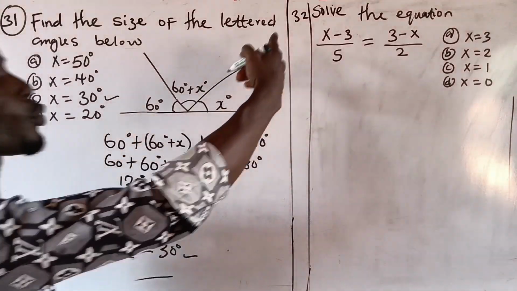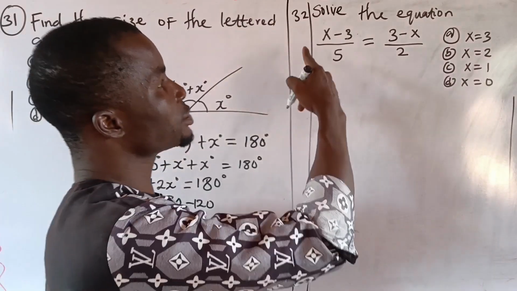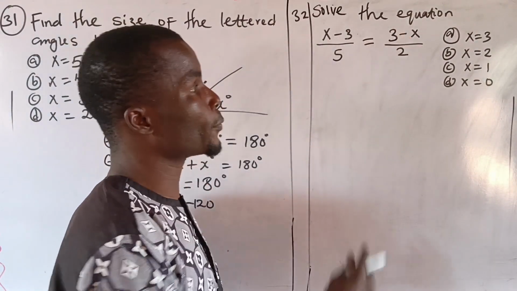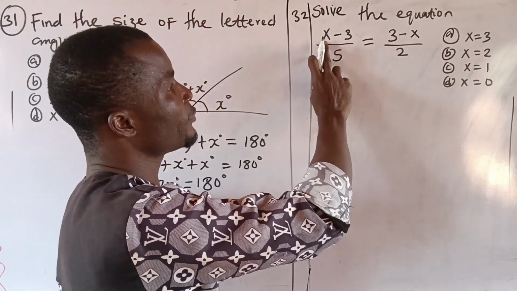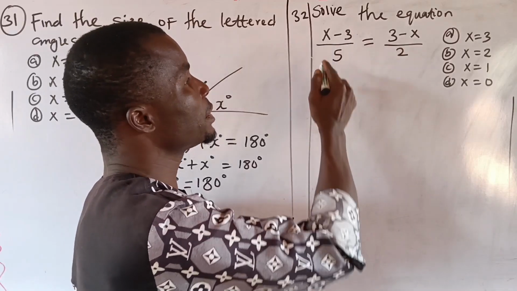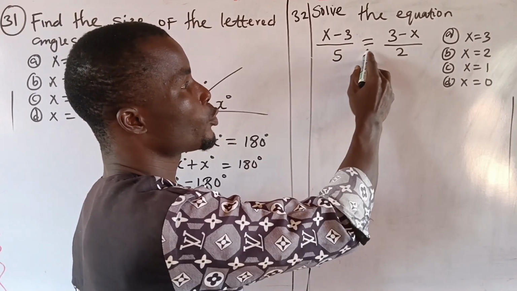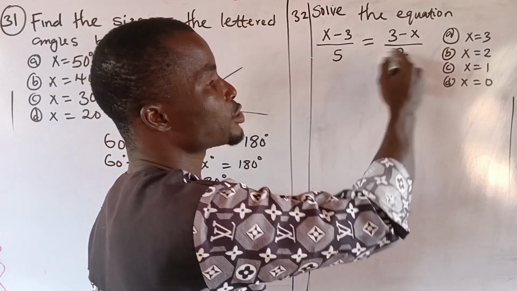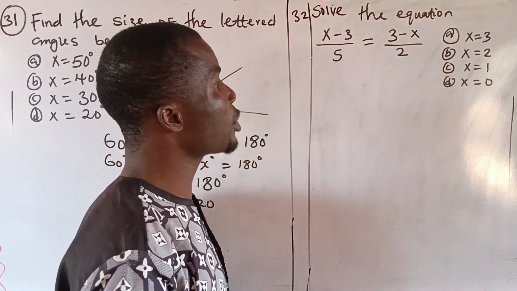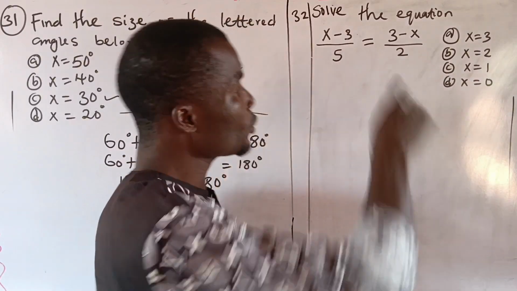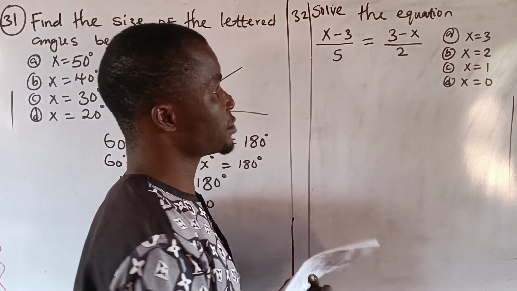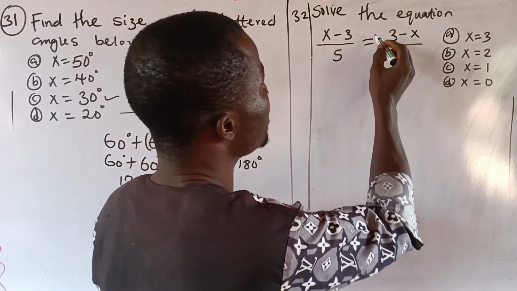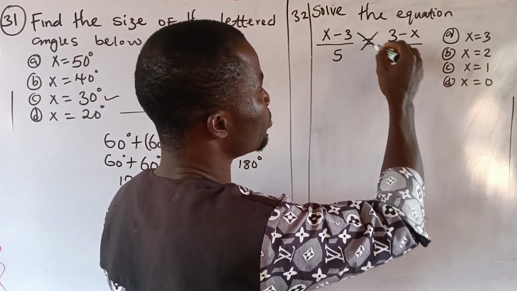Now let's go to question 32. Question 32 says solve the equation. Look at the equation. We are given x minus 3 all over 5 equals to 3 minus x all over 2. To solve this equation, we are going to cross multiply. Very simple. Let's cross multiply.